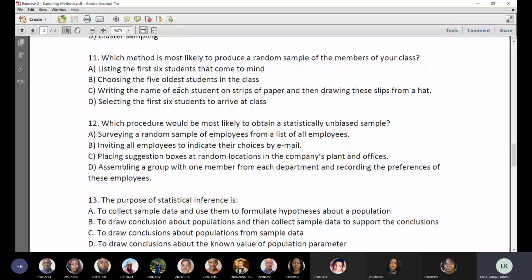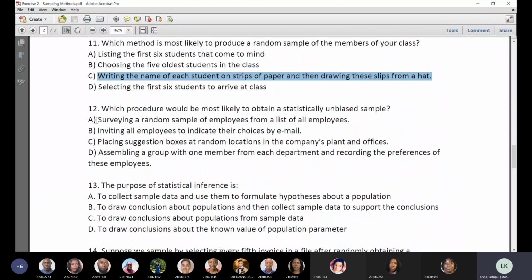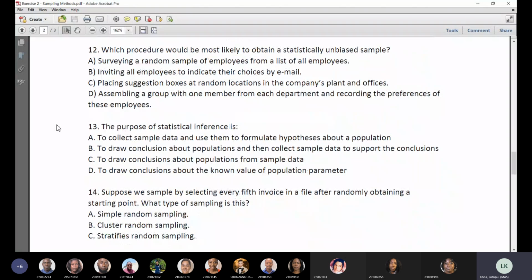Okay, choosing the 5 oldest students in class, probably not. Writing the name of each student on strips of paper and then drawing these slips from a hat, absolutely. So the answer would be C, because that is simple random sampling. D, selecting the first students to arrive to class, not so much. So the correct answer is C.